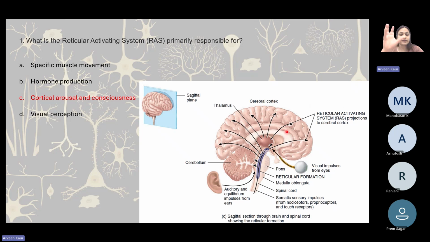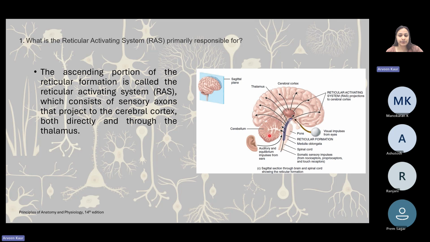You can see this part is the reticular formation. It is going along the brainstem, and its processes lead till the cerebral cortex as well. The ascending portion of this reticular formation is known as the reticular activating system.